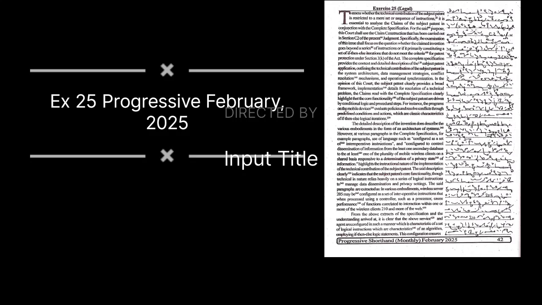The said paragraphs are extracted as: in various embodiments, wireless server 205 may be configured as a set of interoperative instructions that when processed using a controller such as a processor cause performance of functions correlated to interaction within one or more of the wireless clients 210 and more of the web.